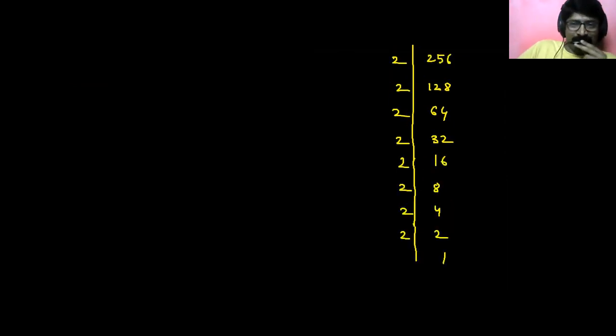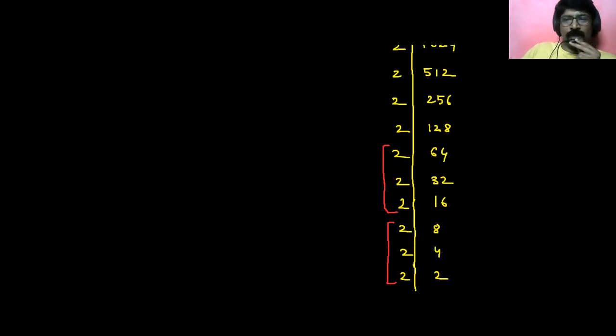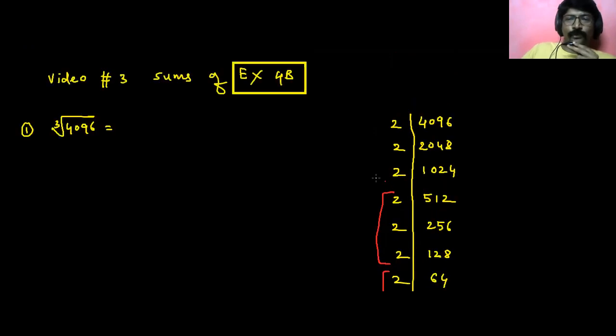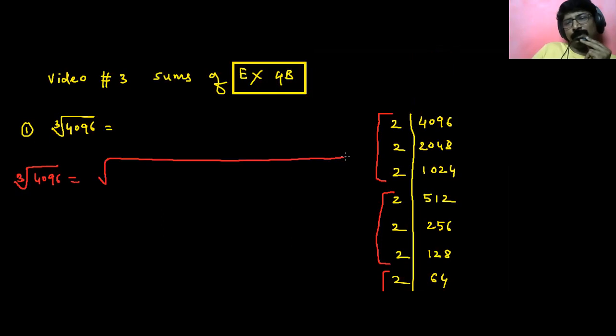Now it's time to club them. I'm just making groups of three 2s, bundles of 3. One bundle, 2 bundles, now 3 bundles, and one more bundle, 4 bundles, isn't it? So I can write the cube root of 4096 as 4 bundles. You can write it out this way also.